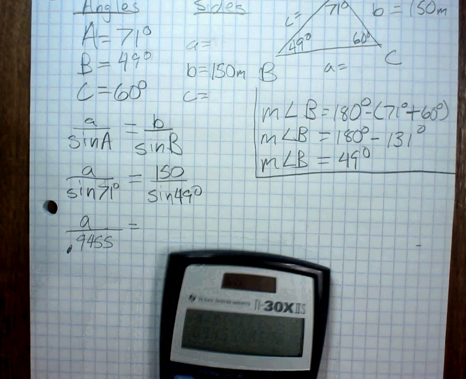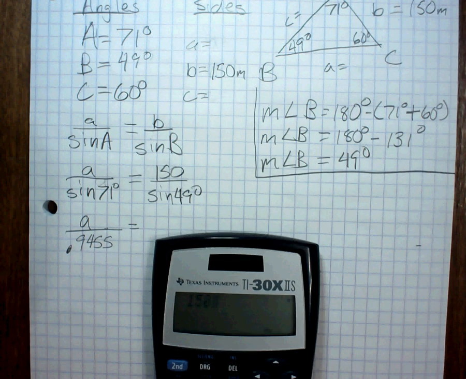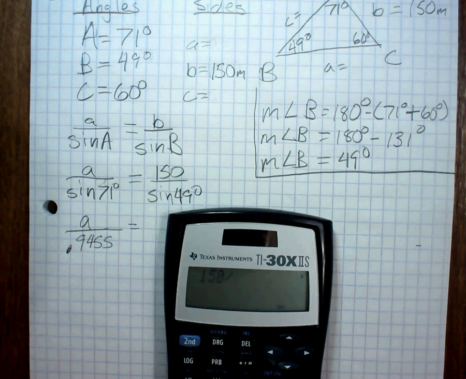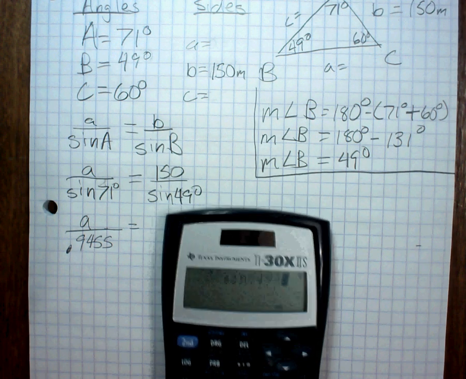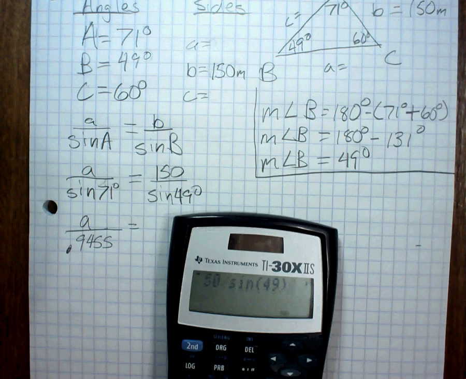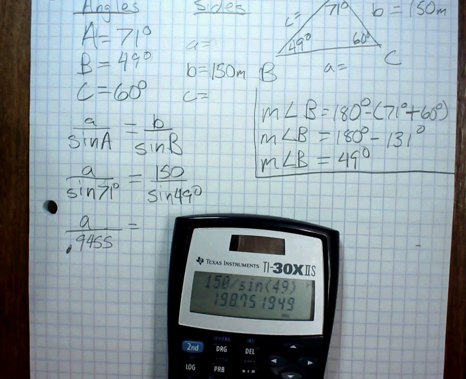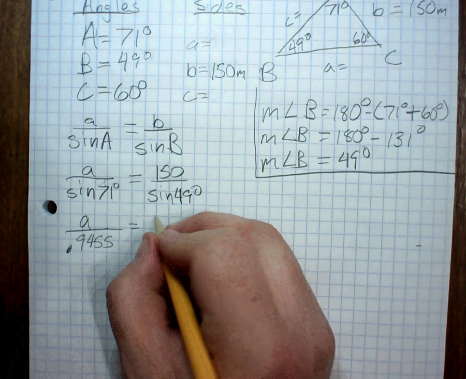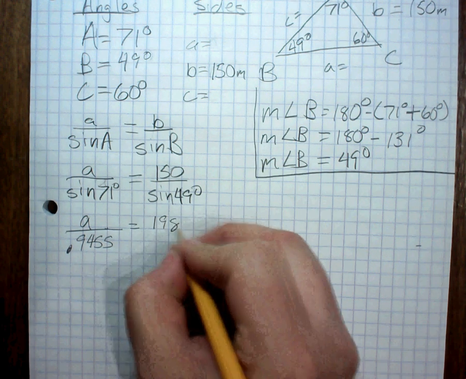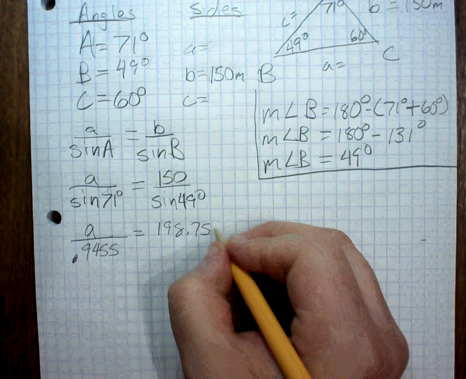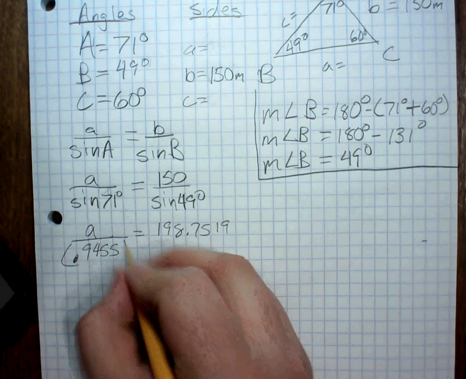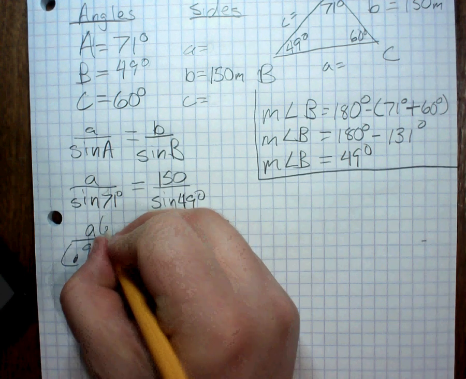And then the next one I'll do all in one swoop, 150 divided by sine of 49. So I get 198.7519.